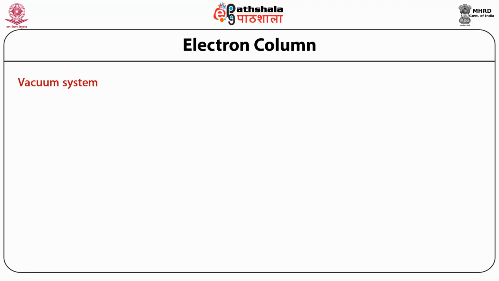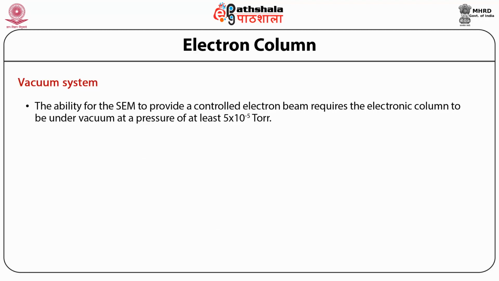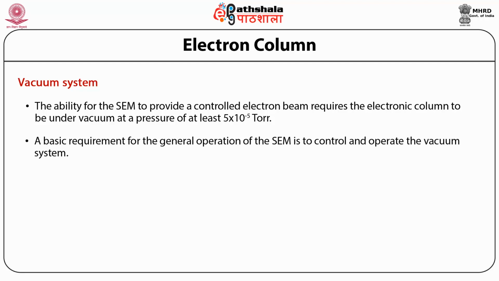The vacuum system. The ability of the SEM to provide a controlled electron beam requires the electron column to be under vacuum at a pressure of at least 5 times 10 to the minus 5 torr. A basic requirement for the general operation of the SEM is to control and operate the vacuum system, required for a variety of reasons.